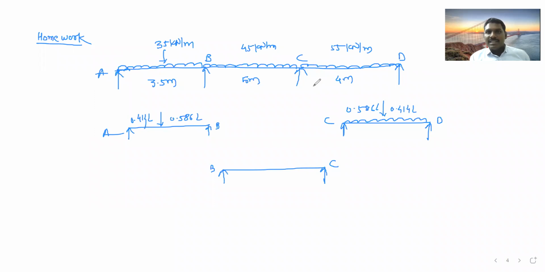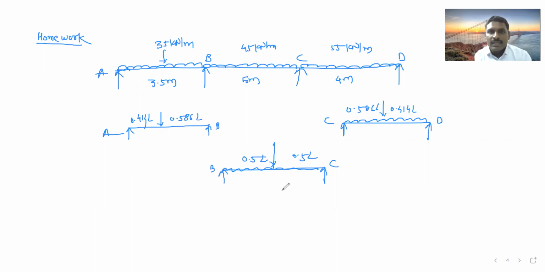Right, they are end spans: out of the three, both outer ones are end spans. So from end supports, 0.414 L. Here from D, from the end support, 0.414 L. But BC is between continuous supports, so this case is not applicable, because this is the middle span. The UDL lies on the middle span. So if the span is in the middle, then the load acts exactly at 0.5 L.